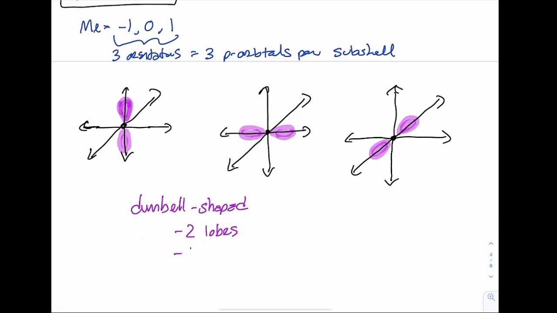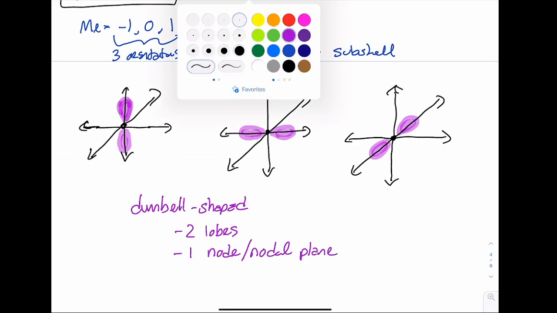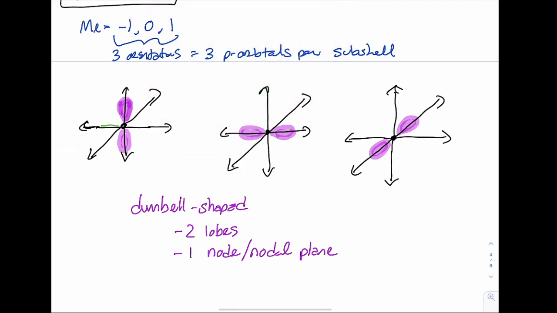They contain 2 lobes. The lobes are the regions where those electrons can be, so those are the purple spots. And then they contain 1 node, or 1 nodal plane. That's the region where there are no electrons. So if I wanted to slice this right through my nucleus here, there's no electrons there. So that would be considered a nodal plane.